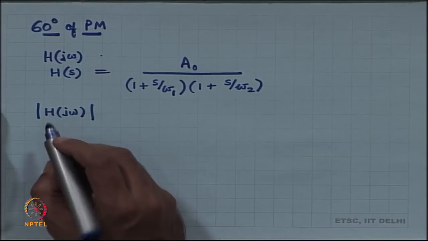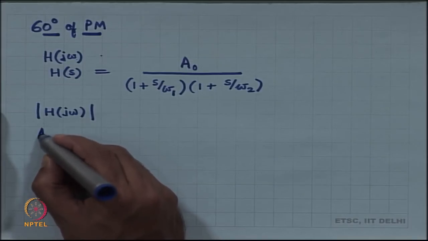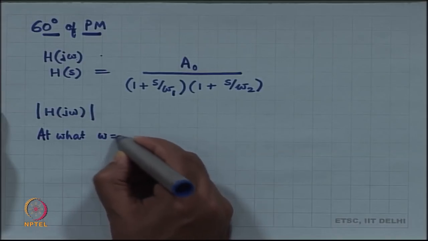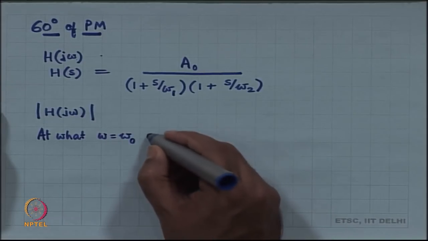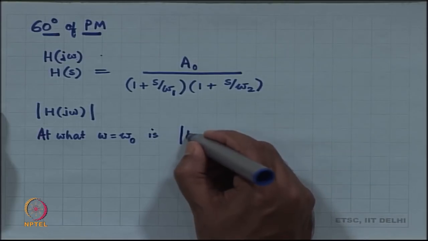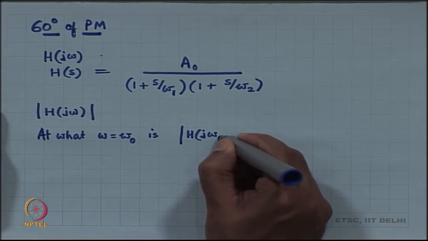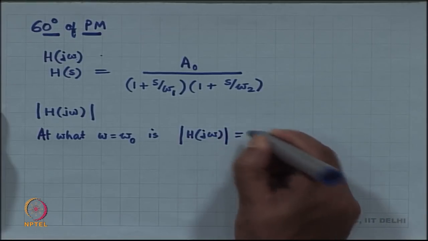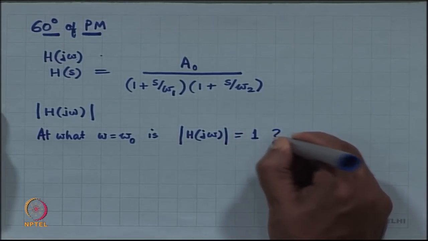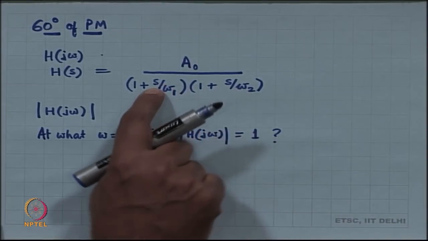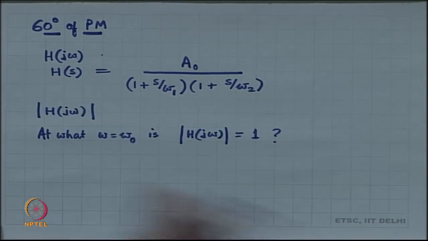Let us call that frequency omega naught. First you have to answer this question, then you have to plug in that omega naught into H of j omega naught and find the phase.